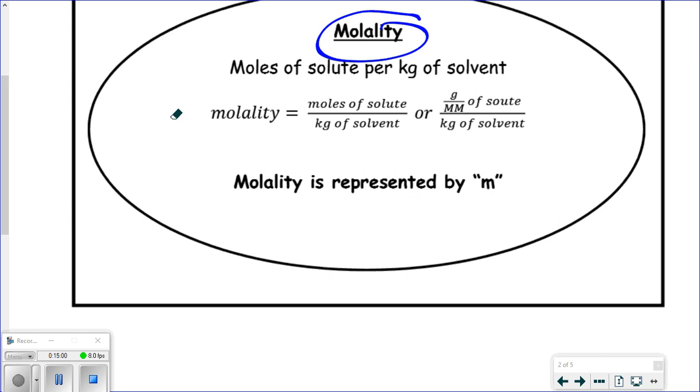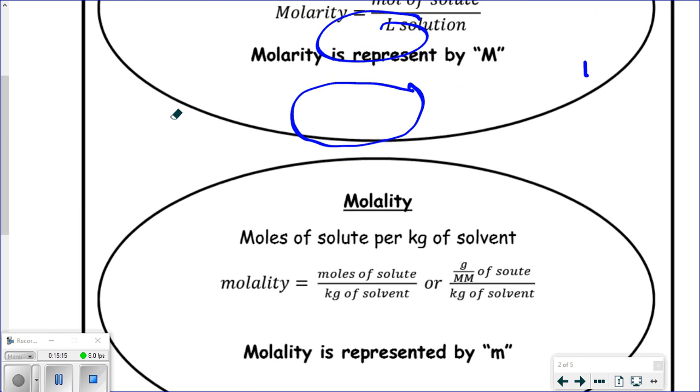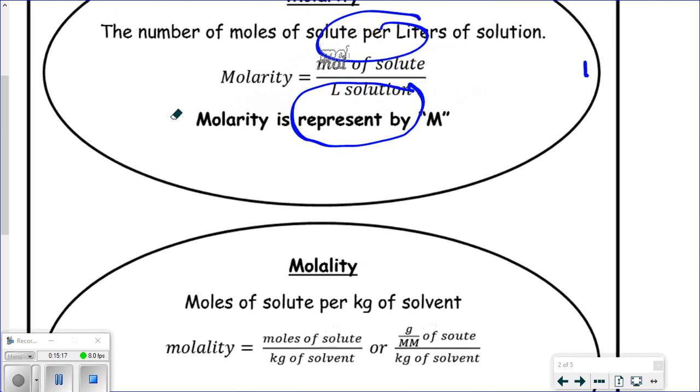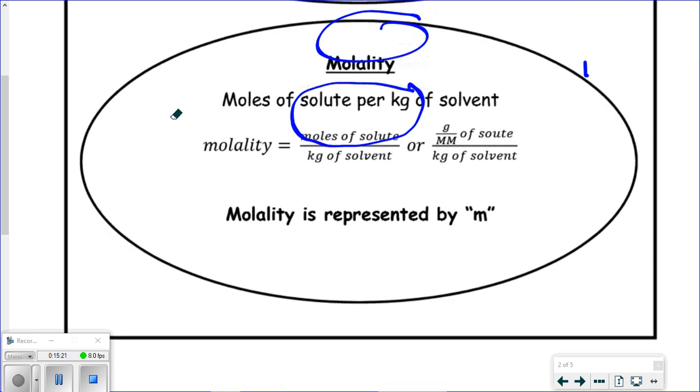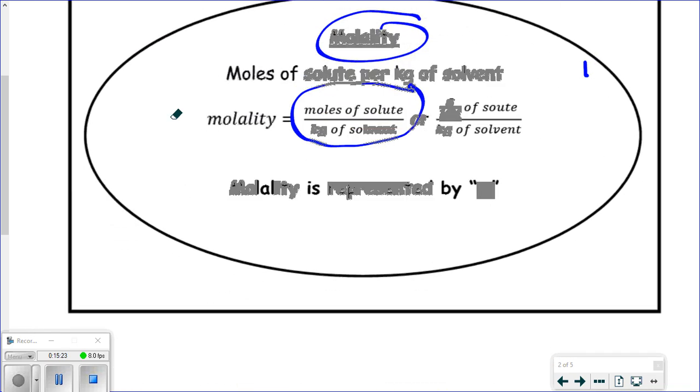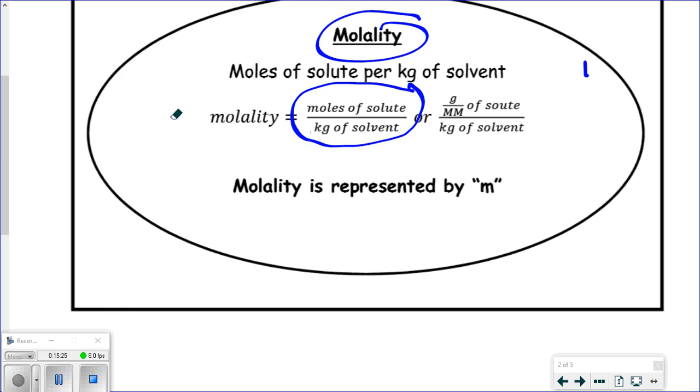But if you look at the units here, it's still moles of solute, but it's kilograms of solvent, whereas molarity is moles of solute per liter of solution. So they're a little bit different. We do need to know that there is a difference. But what we're going to be doing in this class is looking at molarity.